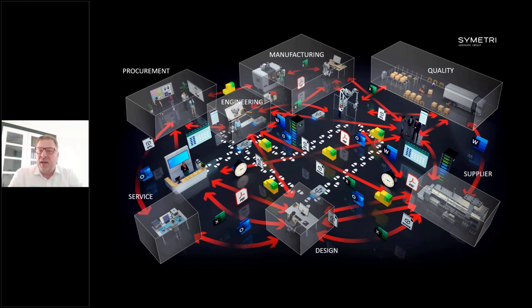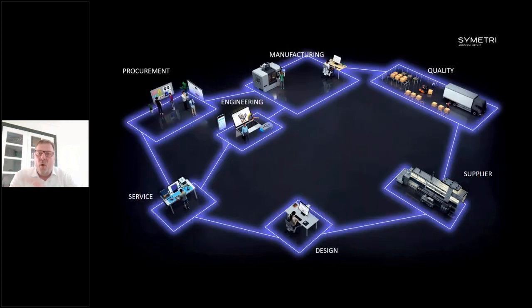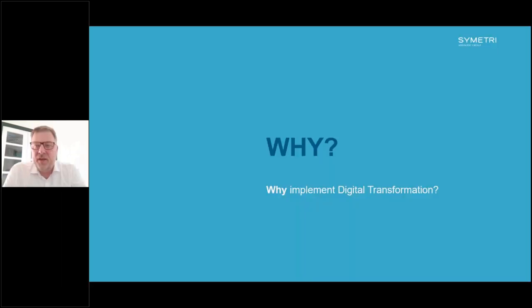The issue sometimes is how we collaborate that information, how we share it between departments, and it can easily become outdated. What the goal of digital transformation is, is centralizing the workflows and making sure that people have access to the most up-to-date information whenever and wherever it's needed. So this is our goal with digital transformation.